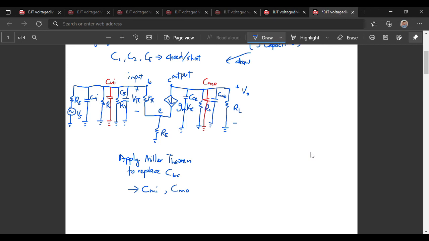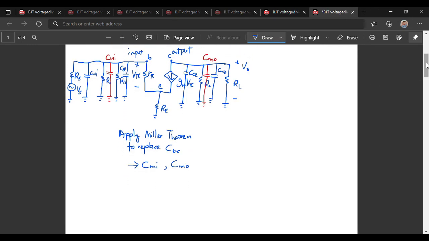Okay, and then we can simplify the circuit again. We can simplify all of the capacitors, right? Because they are in parallel, so we can replace them with 1 capacitor, and we can also simplify the resistors.